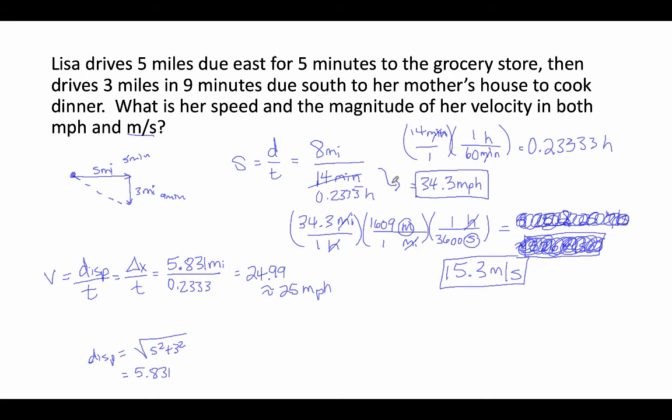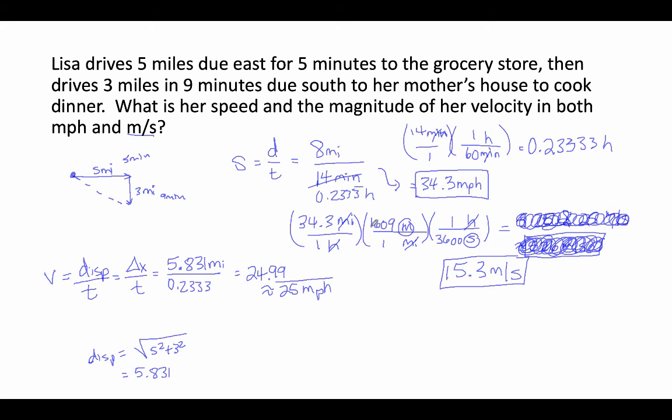So this one covered more distance than it did displacement. Distance and displacement will always either be equal, or distance will be farther than displacement. And so that ended up getting a higher speed than the velocity.